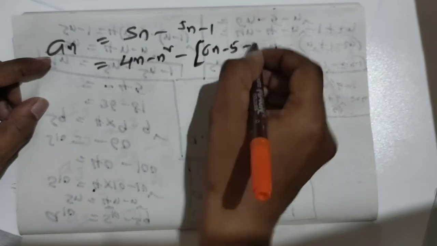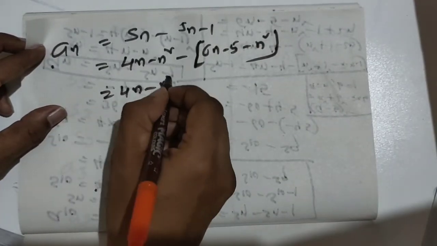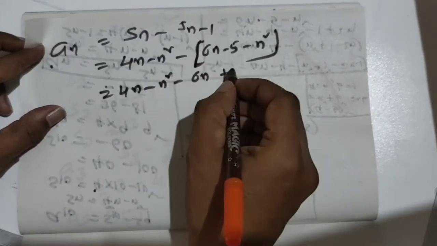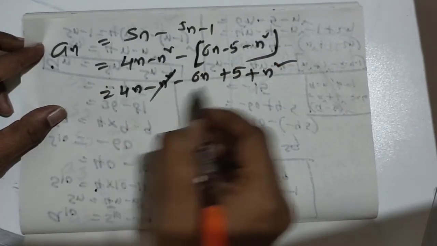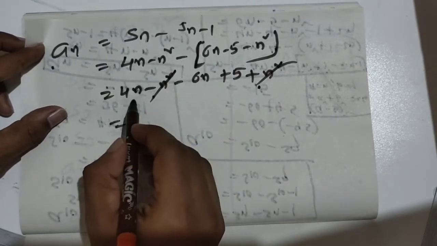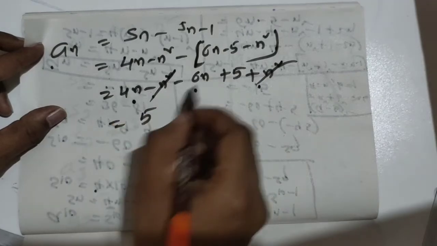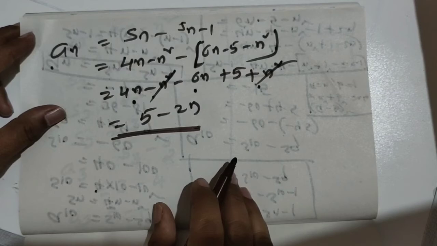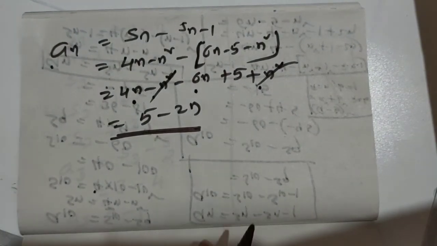So 4n minus n square, multiply this minus, 6n minus 5 minus n square, that is minus 6n plus 5 plus n square. Children, see this here, n square gets cancelled, minus n square plus n square gets cancelled. We get remaining 5, and 4n minus 6n, that is simply minus 2n. So like this we have to get a result. Very important, practice well.